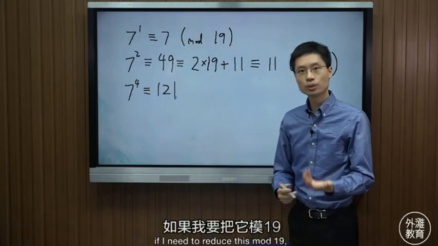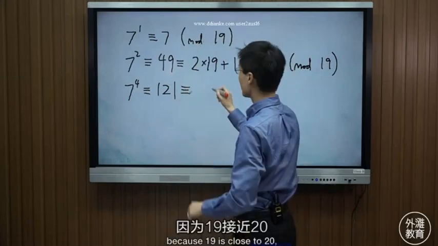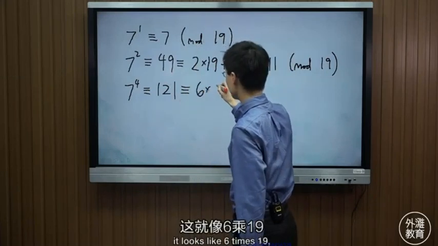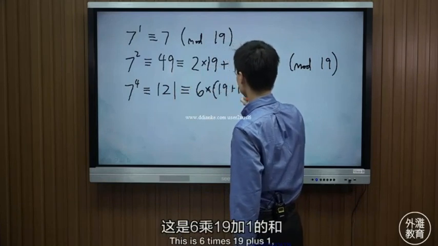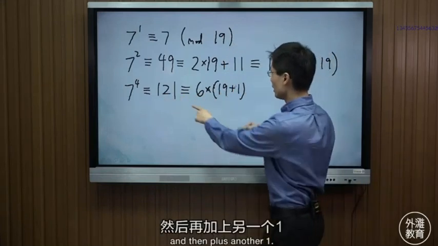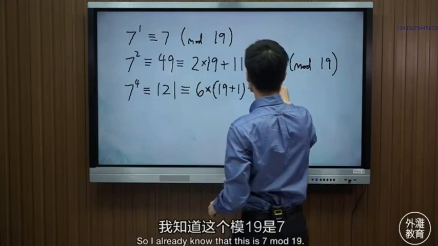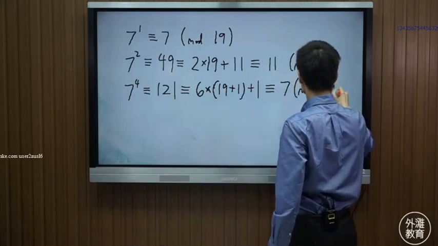If I need to reduce this mod 19, because 19 is close to 20, it looks like it's 6 times 19. I'll even show you what's going on in my head. This is 6 times 19 plus 1, because 20 is 19 plus 1, and then plus another 1. So I already know that this is 7 mod 19.